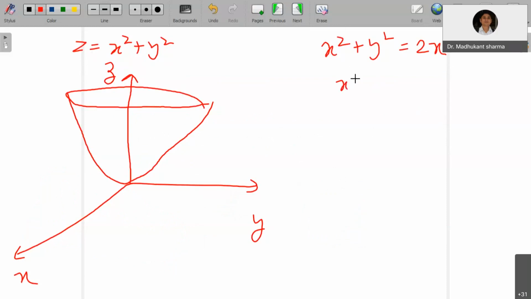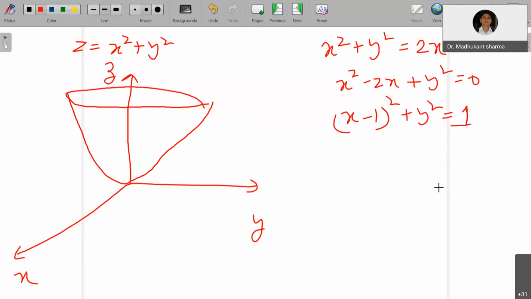Now, if you rewrite this, it's nothing but x square minus 2x plus y square equals 0. If you add 1 to both sides, you will observe x minus 1 whole square plus y square equals 1.